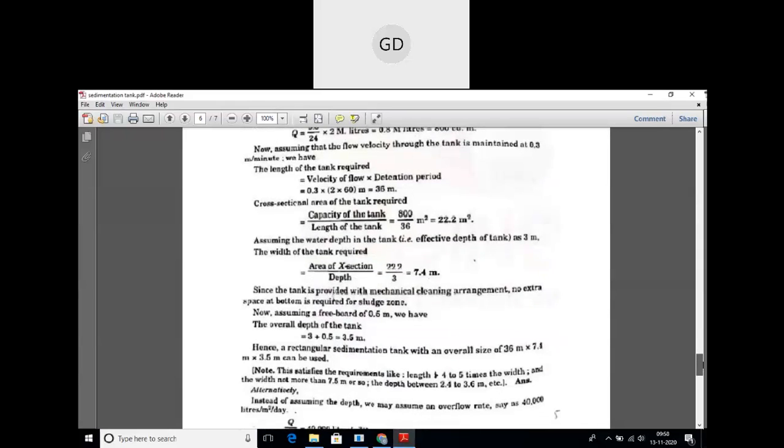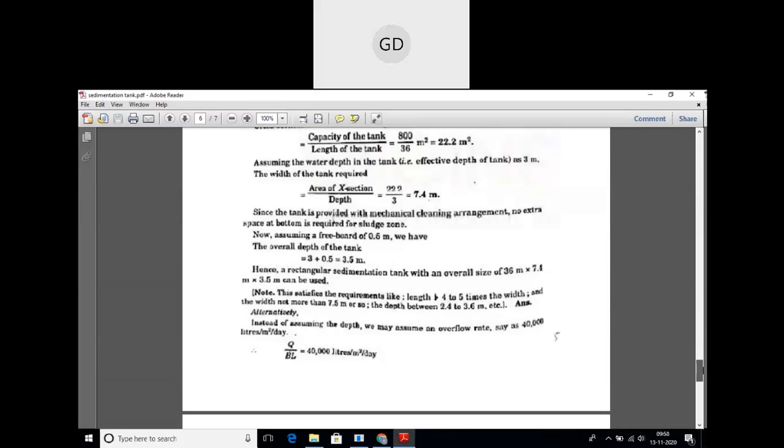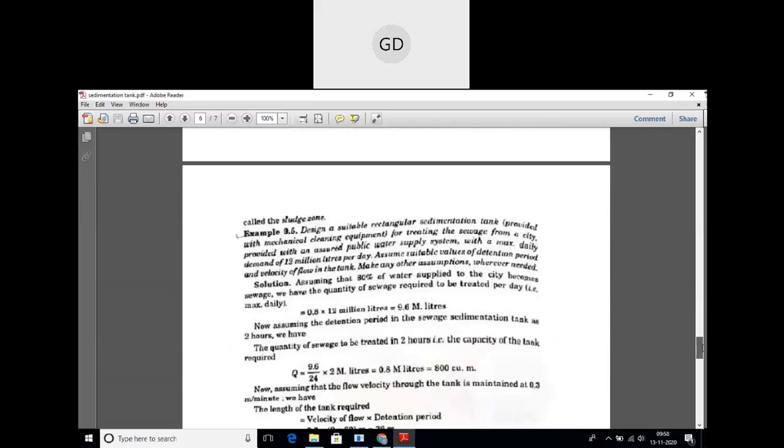Let us see this numerical. Design a suitable rectangular sedimentation tank for treating the sewage from a city provided with an assured public water supply system with a maximum daily demand of 12 million liters per day.